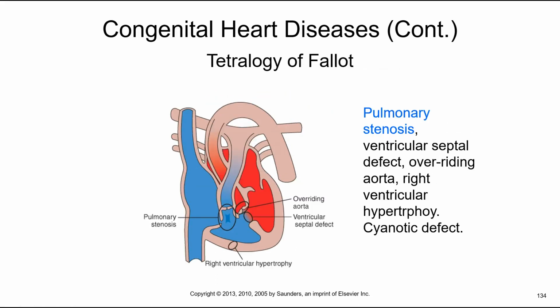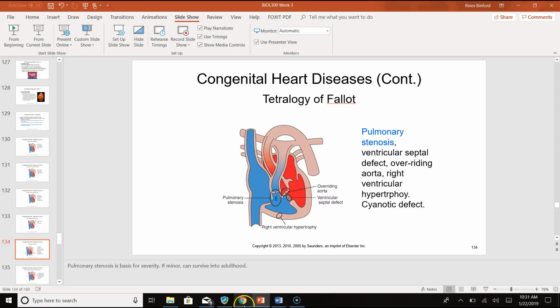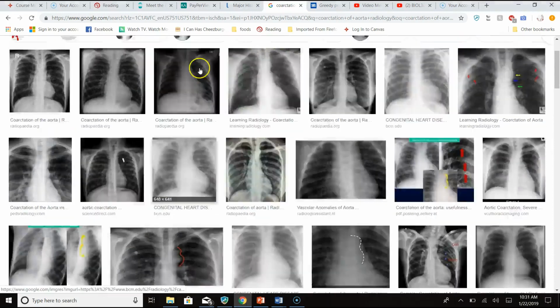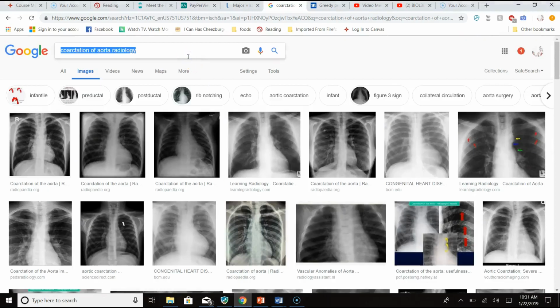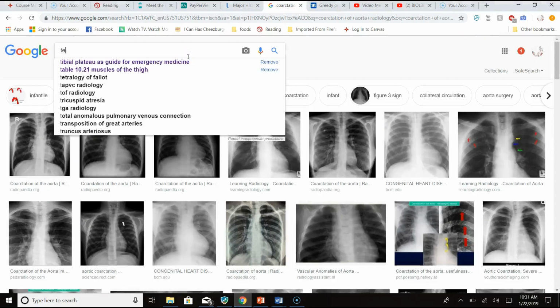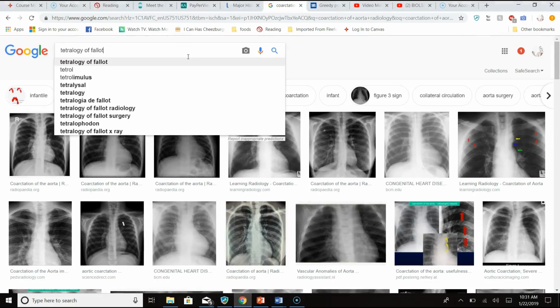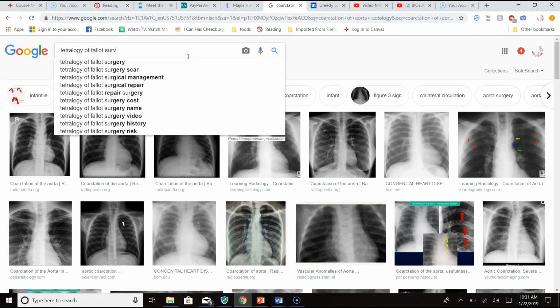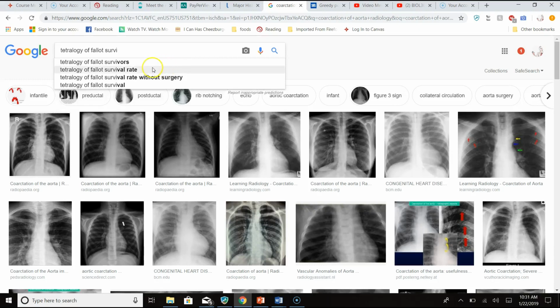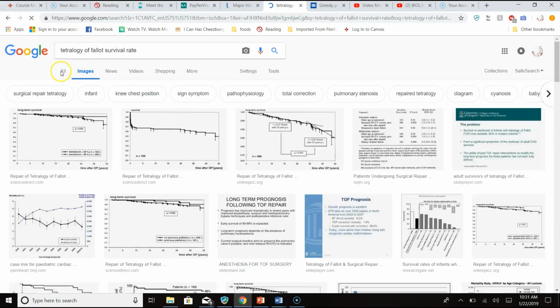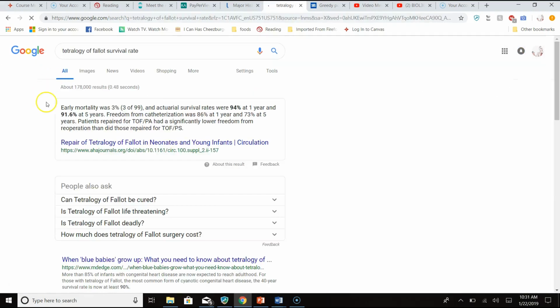Usually at this point, people ask me about survivability. I don't really know the survival rates. Let's find out about survival rates so that I stop doing this. Tetralogy, low survival. So the actual survival rate's pretty high, 94% at 1 year and 91% at 5 years.